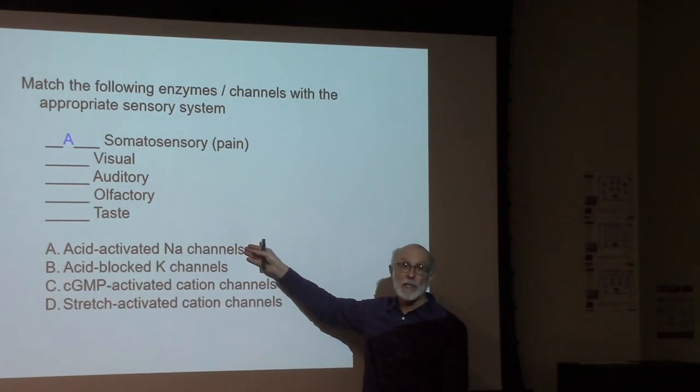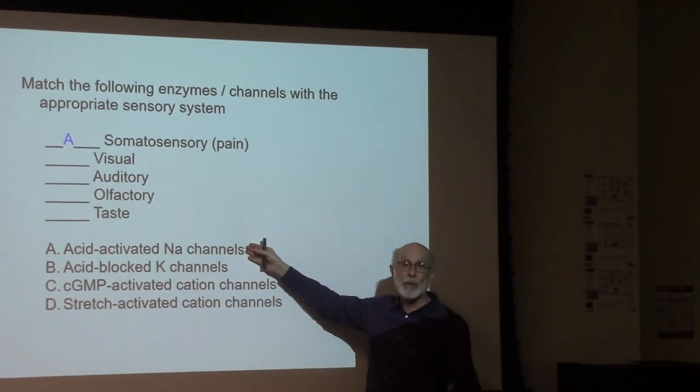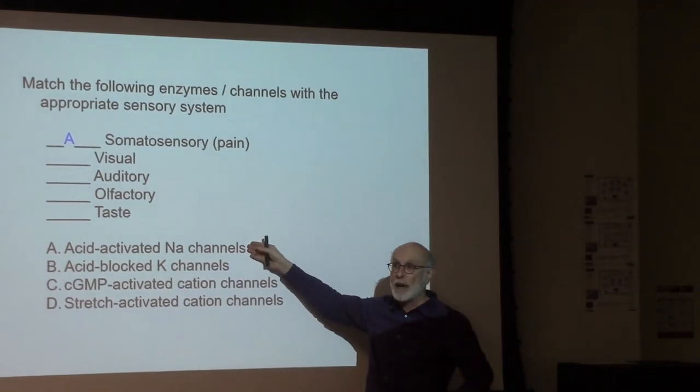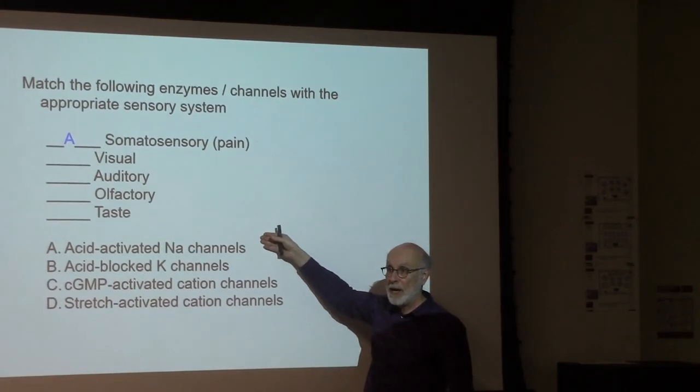There are other ways of detecting pain: the capsaicin receptor, ATP receptors. So this is not a comprehensive answer, but it is one of the ways that we detect pain.